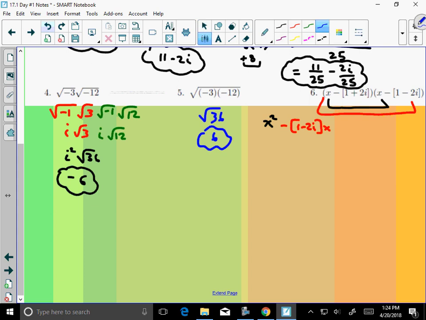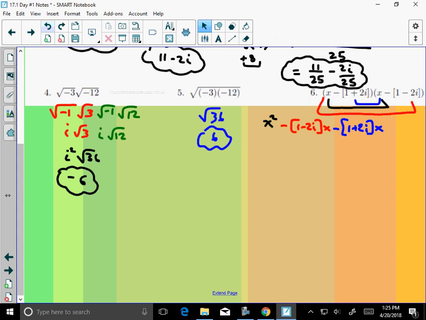How about inside? Kind of the same thing. 1 plus 2i times x. And then last. Okay, now if you look at these, if I multiply a negative times a negative, it'll kind of go away, and then they're conjugates. I got 1 plus 2i and 1 minus 2i.